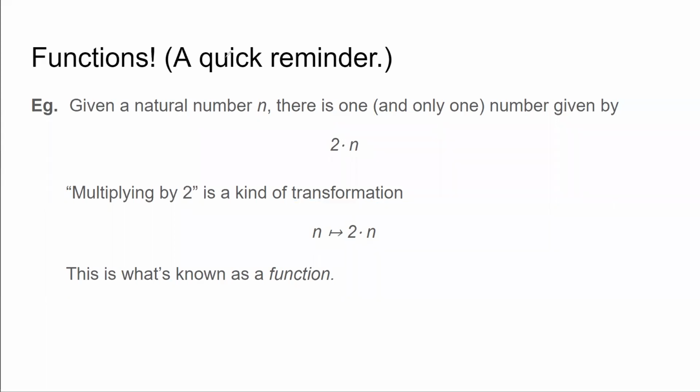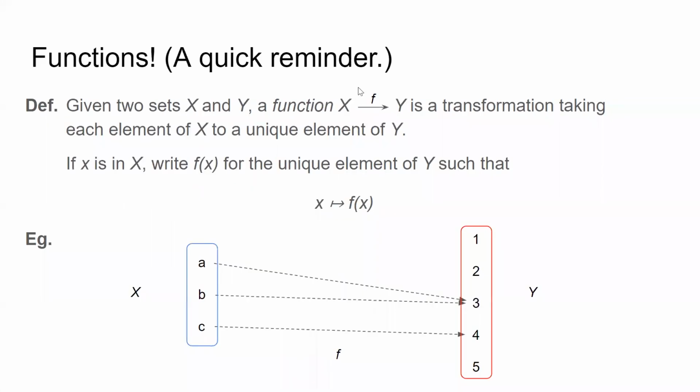This is the definition, and I'm going to restate that in a second here. A function is just a transformation which takes each point or element of one set to a unique element of the other set. And this is an example I'm going to be considering again and again. You can see that A gets sent to 3 and only 3.